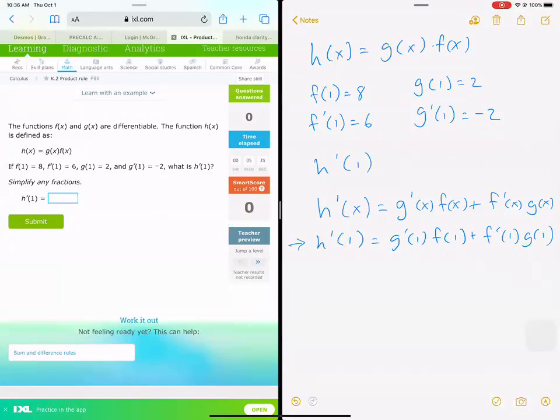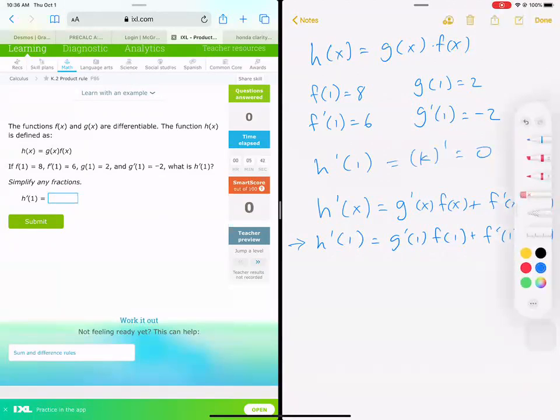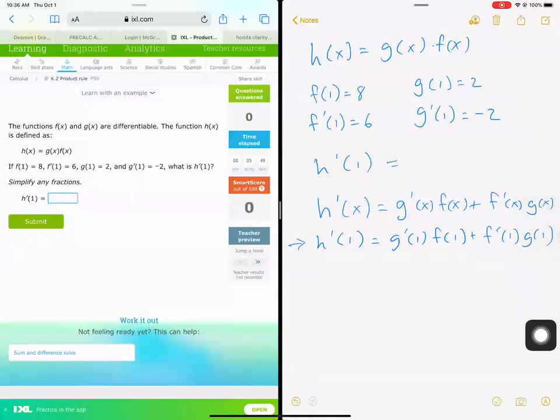Some people will plug it in and they'll get a constant, and then they'll take the derivative of the constant and it'll be 0. That is not true. We always have to take the derivative first before we plug it in. Because the statement is actually saying, what is the derivative at 1? So fine, take the derivative first, and then we're going to plug in 1.